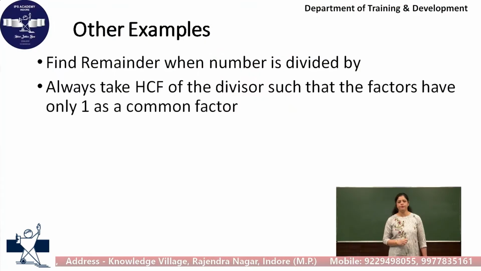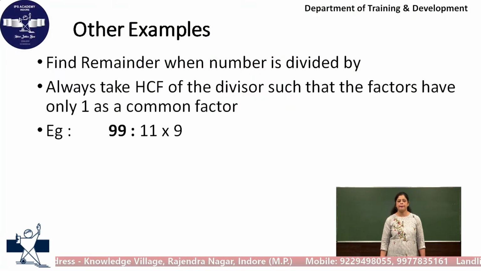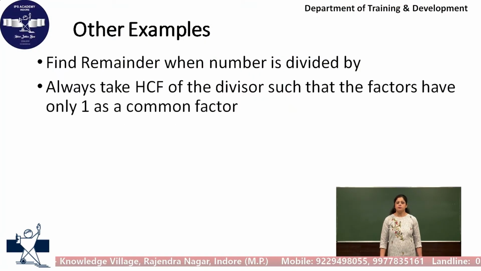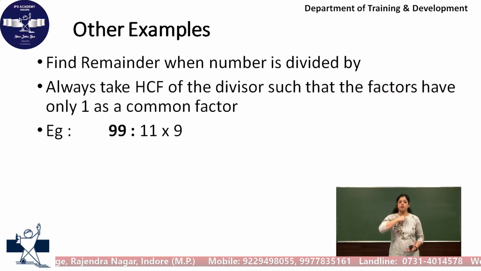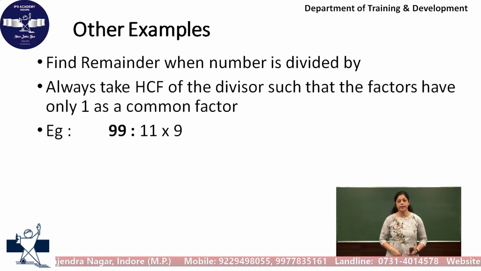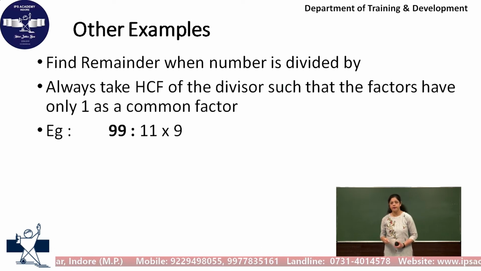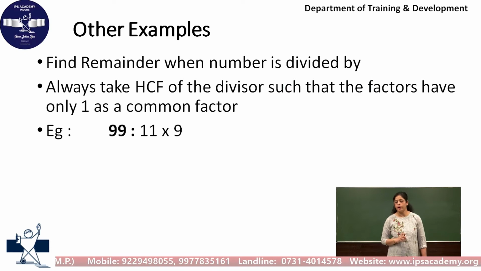So for example, suppose 99 is your divisor, meaning if you are asked if the number is divisible by 99 or not, or what remainder comes if the number is divided by 99, then what do we do? Now the divisibility rule of 99 we don't know, and we cannot remember each number's divisibility rule, right?